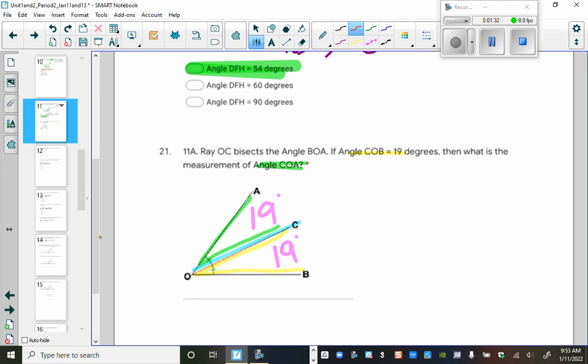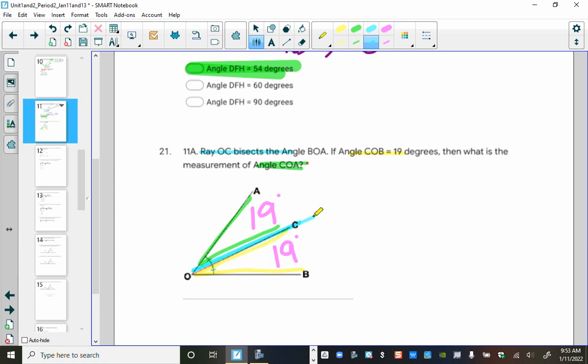So, again, really quick, 11A, bisector. Bisects. Think about the mirror. You see that word bisector? Mirror.